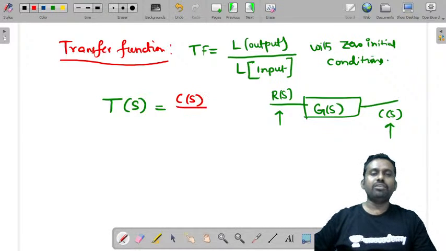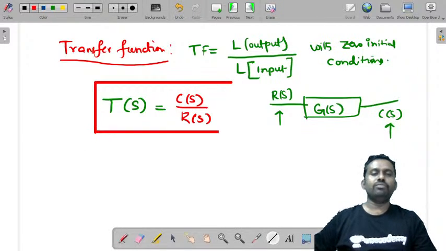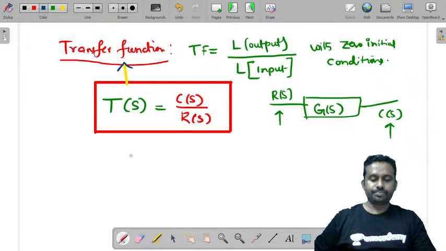It is C of S by R of S. So this is the Laplace transform of output to Laplace transform of input, which is termed as transfer function.